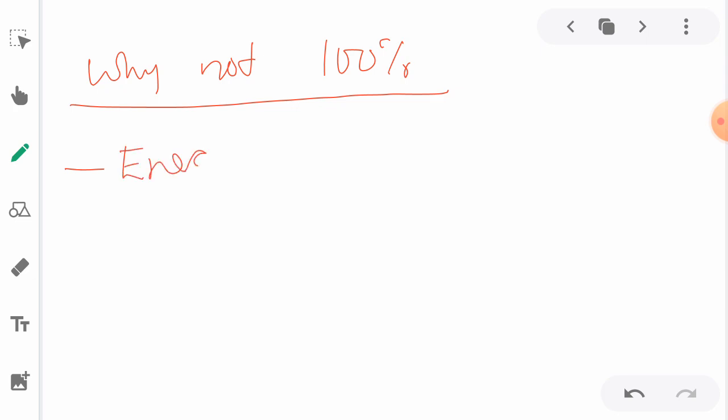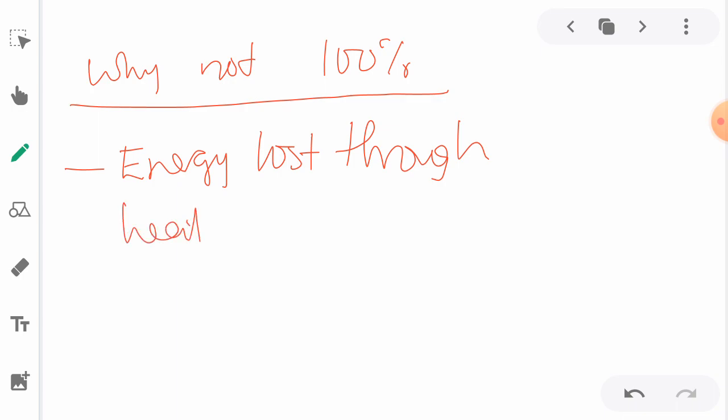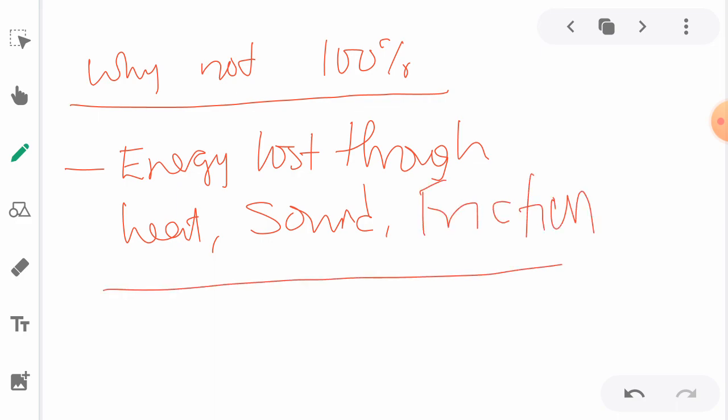So energy is lost through heat, through sound, also through friction. These are the main reasons: through heat, sound, and friction. That's why the efficiency is not 100%.